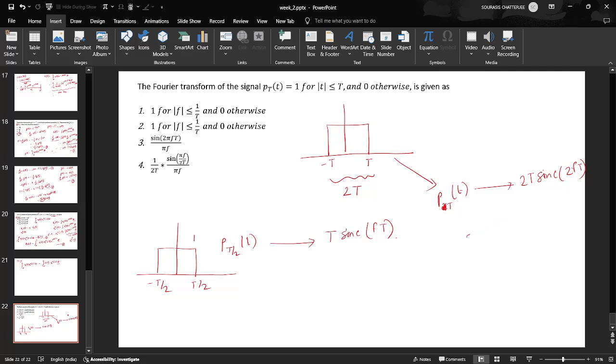What result is it going to produce? 2t sinc(2ft) will be nothing but 2t sin(2 pi f t) divided by 2 pi f t. So this 2t will cancel here, and we'll have sin(2 pi f t) divided by pi f. So we'll have the third one as our correct answer.